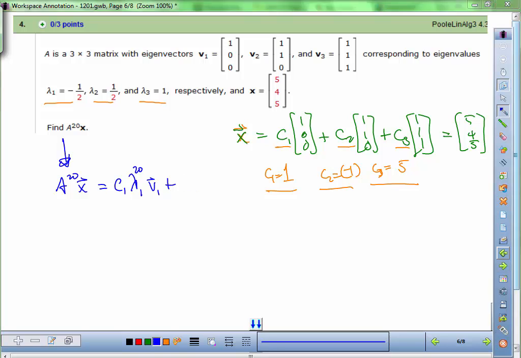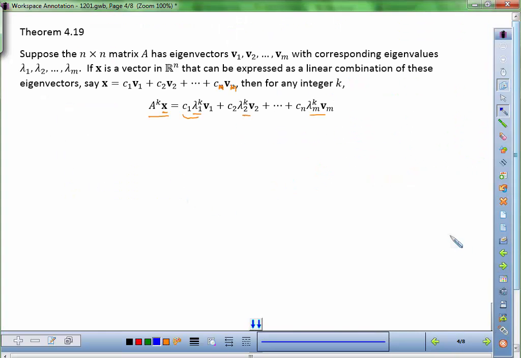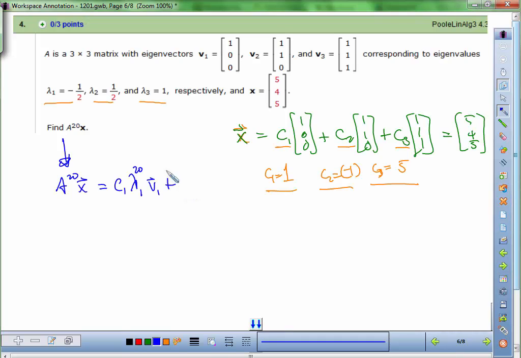That was our theorem over here. Plus C2 lambda 2 to the same power times vector V2, plus C3 lambda 3 to the same power times V3. Lambda sub 3, the third eigenvalue.